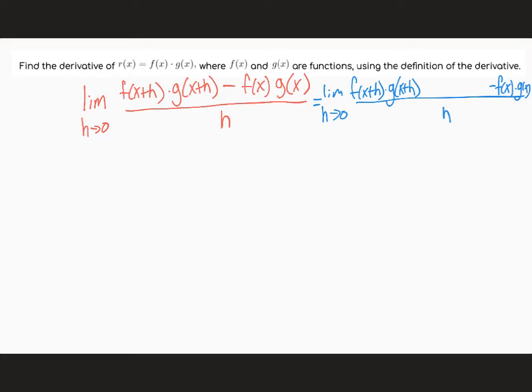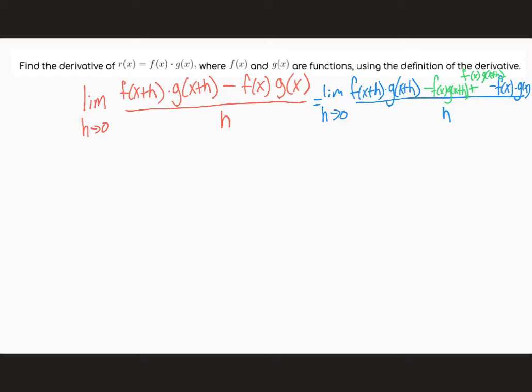What I'm going to add and subtract is minus f of x g of x plus h and plus that same thing, f of x g of x plus h. I really didn't leave myself enough room here, I'm sorry.